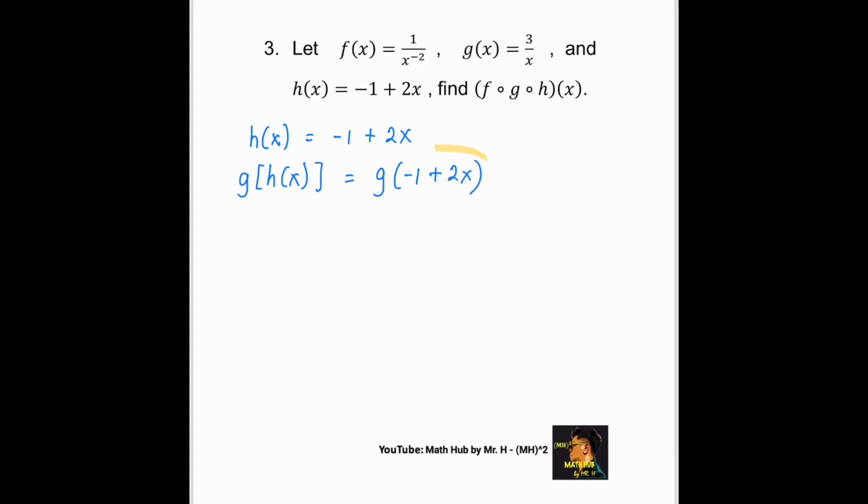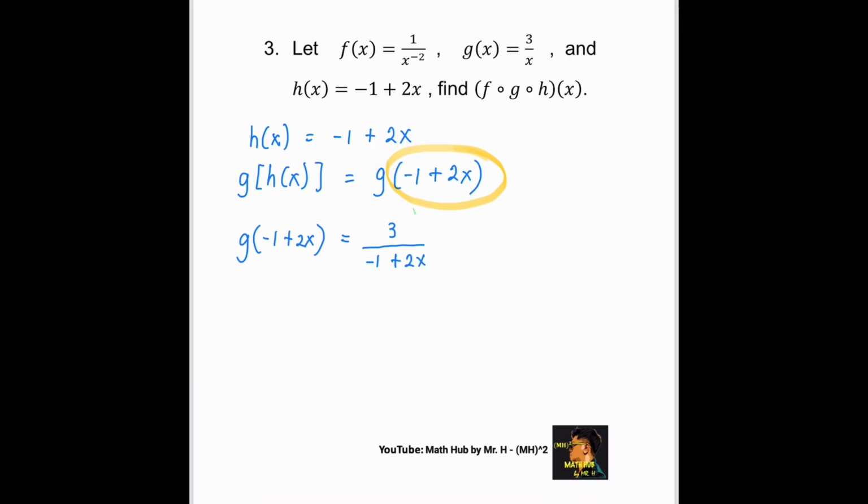This part right here, which is the h of x, will be replacing the x in the function g. So g of negative 1 plus 2x equals 3 over, so x will be replaced by negative 1 plus 2x.